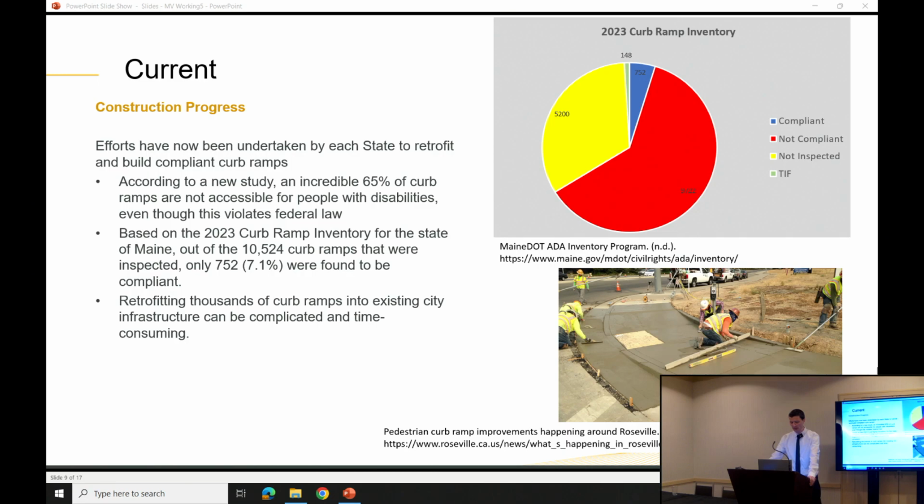This is likely because only a few states have actually enforced the requirement or set consequences for not complying. And just as background, a transition plan provides for the removal of access barriers identified in a local public agency's self-evaluation and an inventory that includes budget and schedule for improvements.